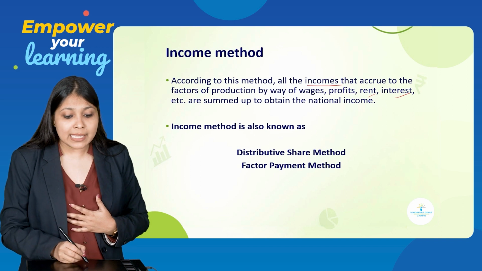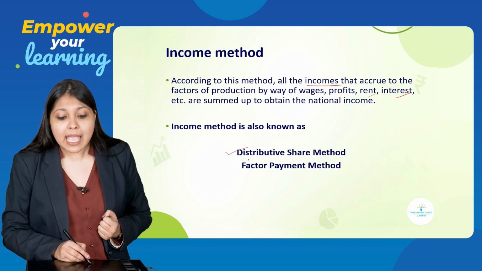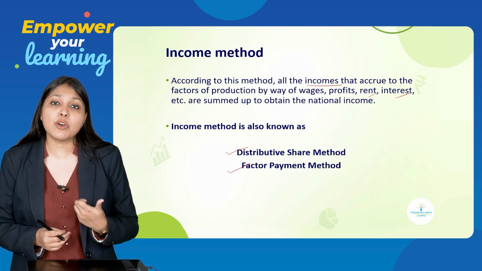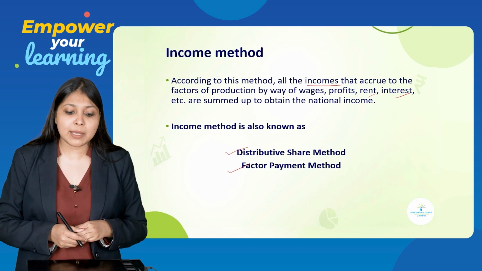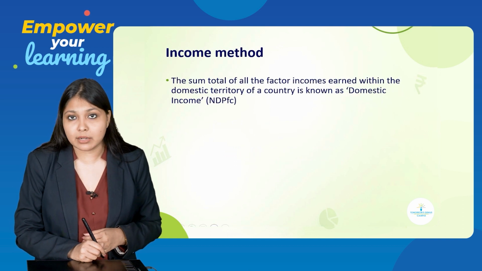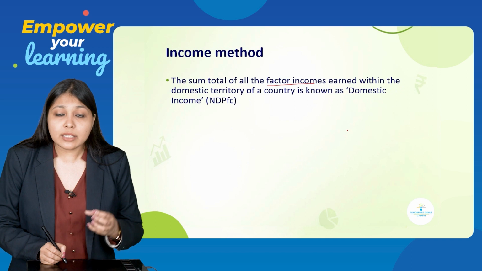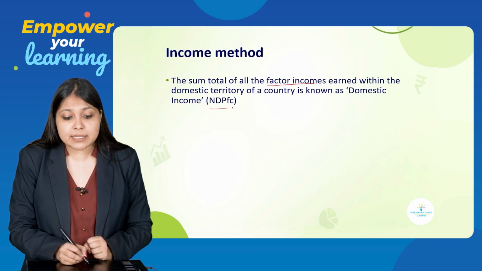The income method is also known as the distributive share method or the factor payment method. The sum total of all factor incomes earned within the domestic territory of the country is called domestic income.